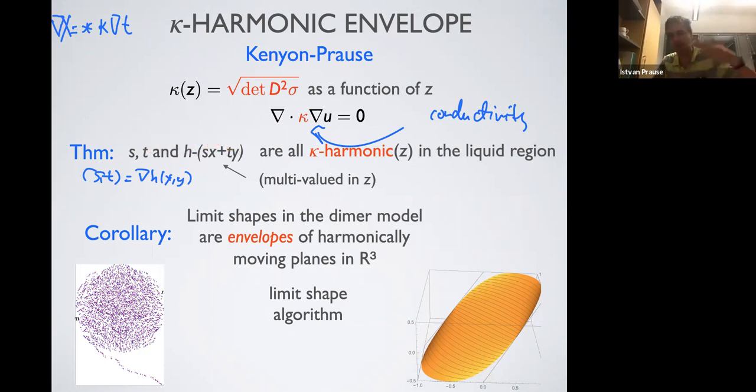So we can construct the harmonic extension, and we obtain this family of planes, and then find the envelope, and this is the constructed limit shape.